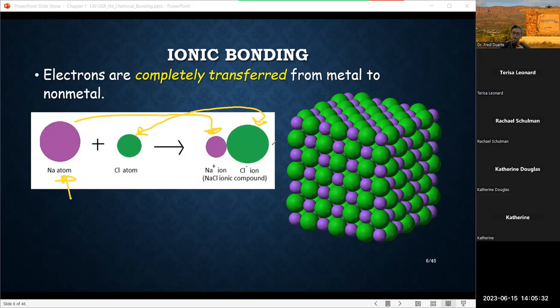You've got the octet fulfilled, and 8 electrons are going to repel each other quite a bit. And so the new radius is bigger for the chloride ion than it is for the chlorine atom. Notice how they bond with each other.